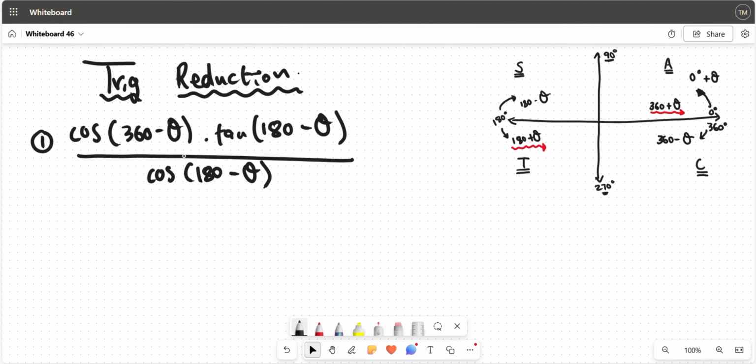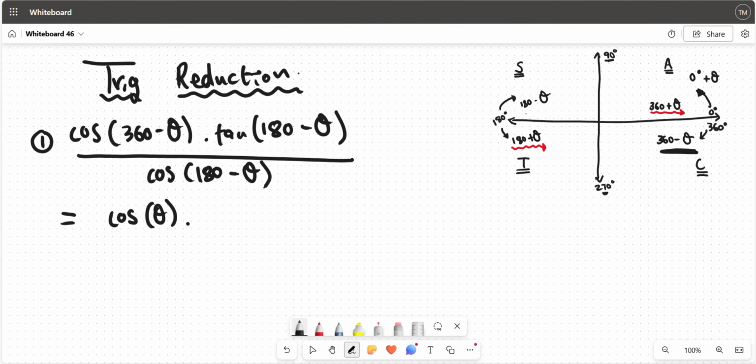So let's take an expression and try to apply these to simplify it. Let's take this example here. We just need to reduce each component. Cos of 360 minus theta would put us in the last quadrant. What is cos in that quadrant? Cos is positive in that quadrant. So this ends up being a positive cos that is being multiplied by tan of 180 minus theta.